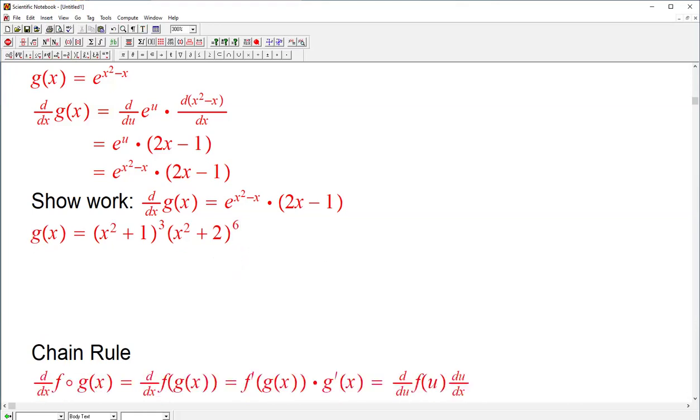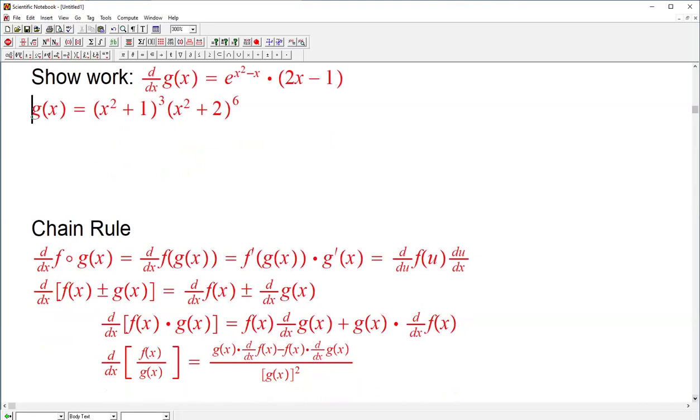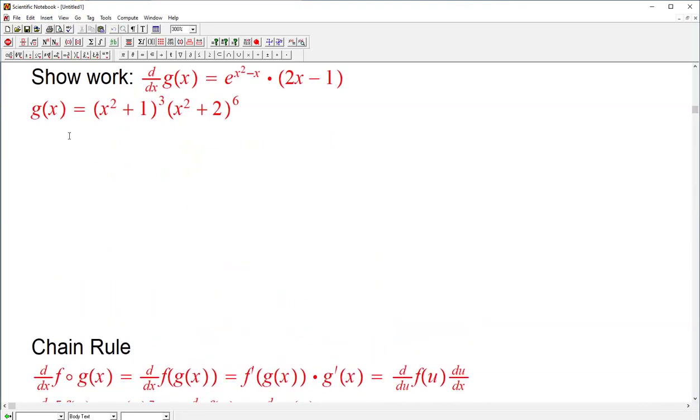So we're going to apply the product rule and the chain rule.